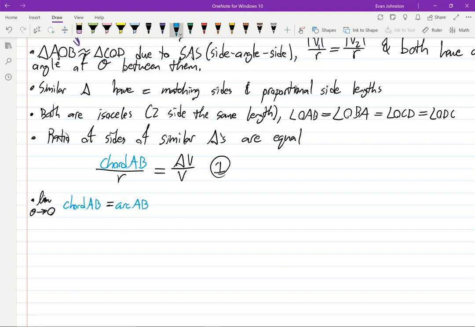So really I'm saying that in this limit that our angle goes to 0, these two are the same thing, and we can substitute them for each other, okay?